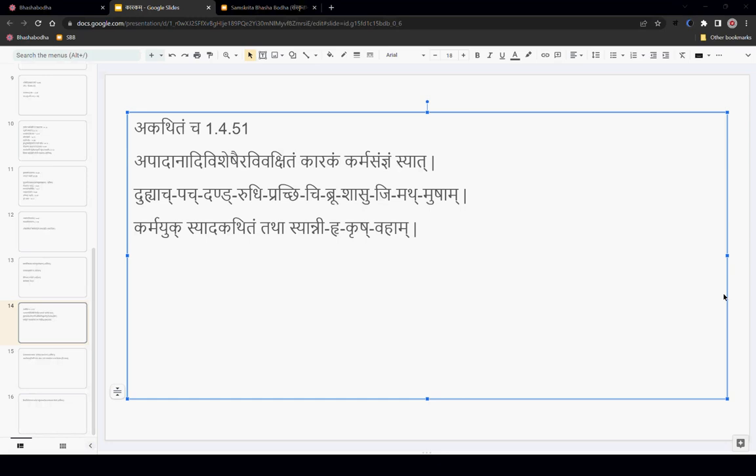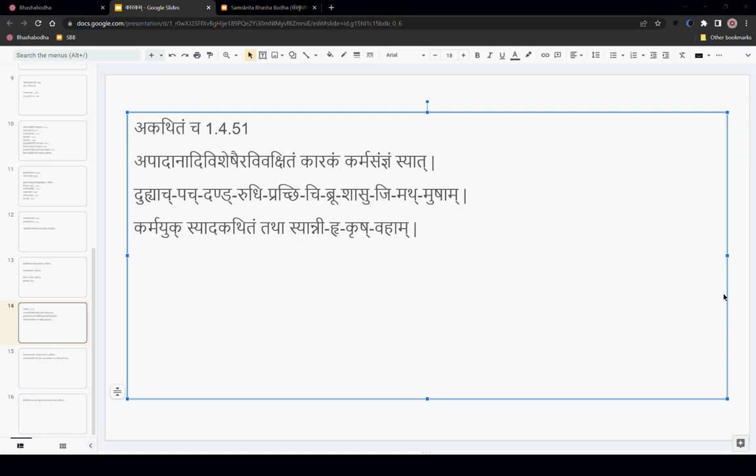Similar to prashna, questioning, there are synonyms, which means you want to understand something, to know something. In their synonyms also this dvikarmakatva can be applied.